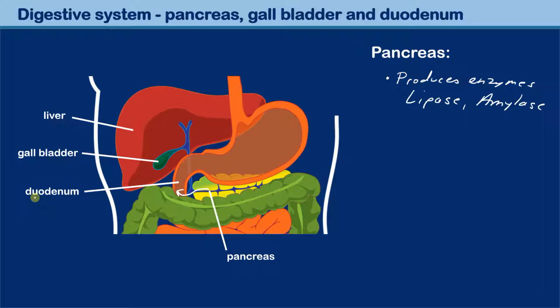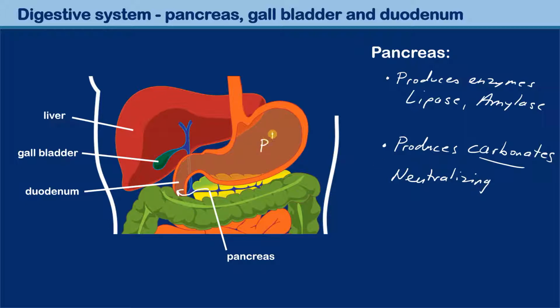The duodenum is the first part of the small intestine. But it not only produces enzymes for digestion, but also it produces carbonates. And these carbonates are important for neutralizing the acid content of the stomach.